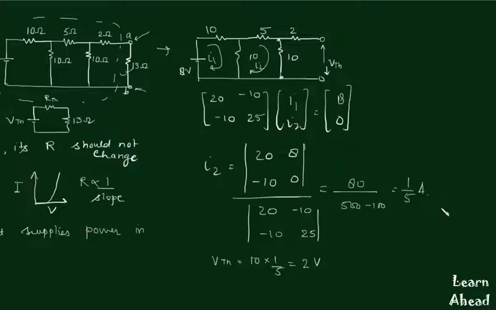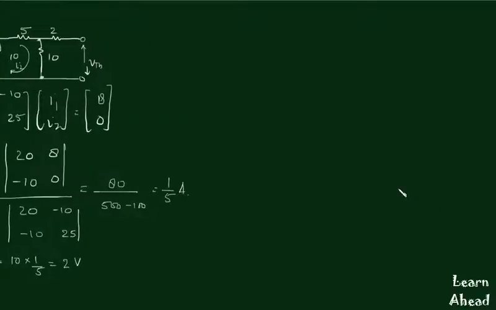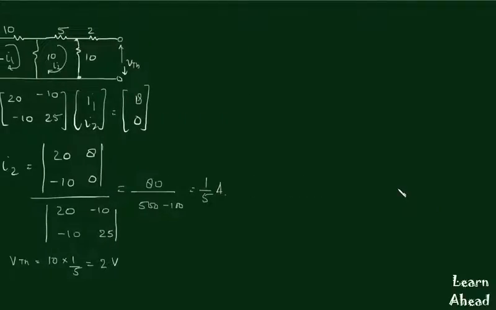Now we have to find RTH. That is Thevenin's resistance across the terminals A and B. And the method to do that is we need to eliminate all independent voltage and current sources. And to eliminate voltage and current sources, we need to replace them with their internal impedances.